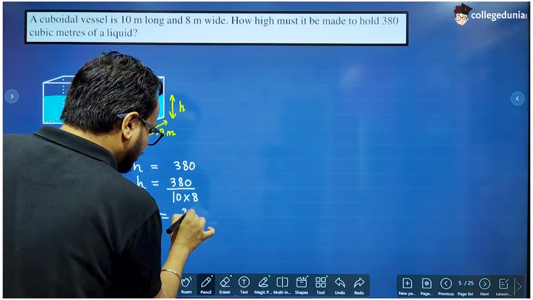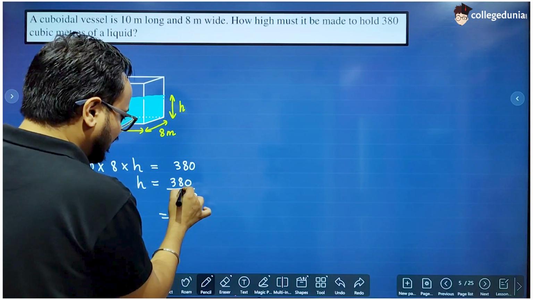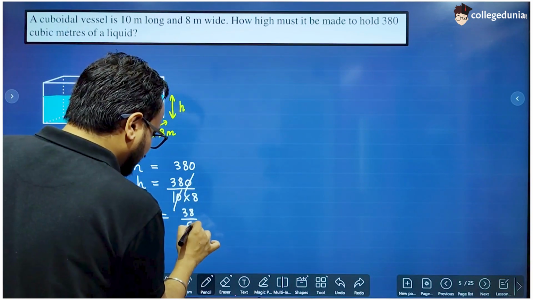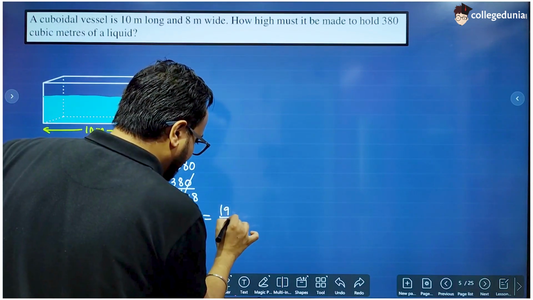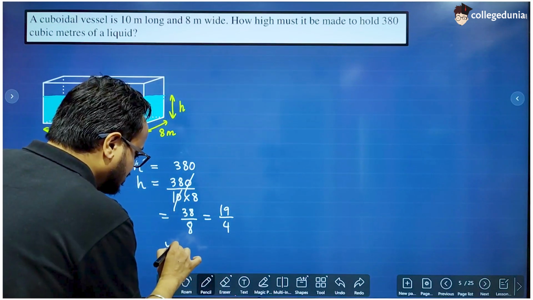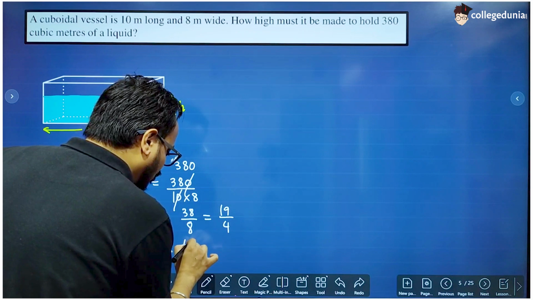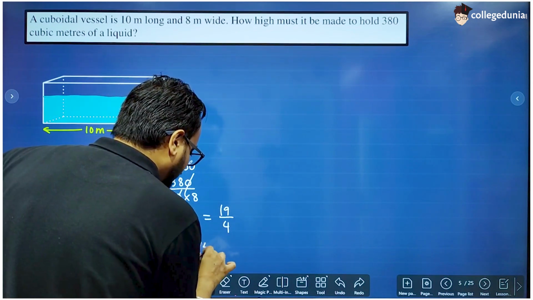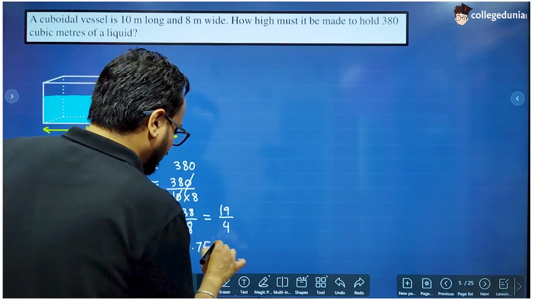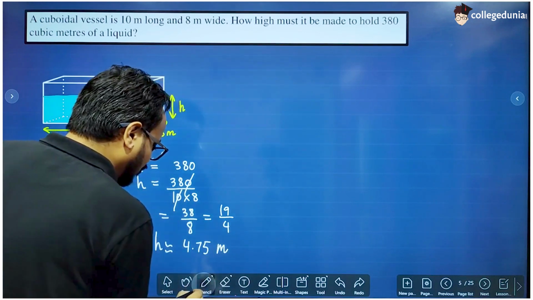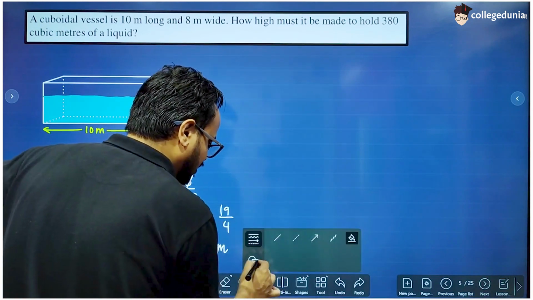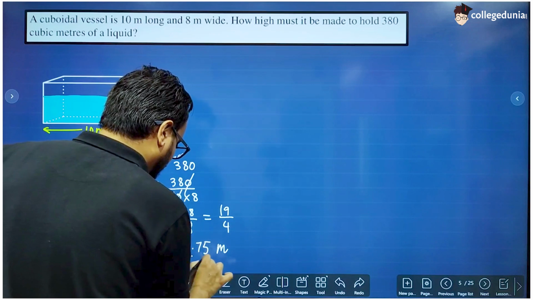So this is 380 divided by 10, 0 cancels with 0, 38 by 8, which is 19 by 4, which is approximately 4.75 meter. So height is 4.75 meter. That is the answer.